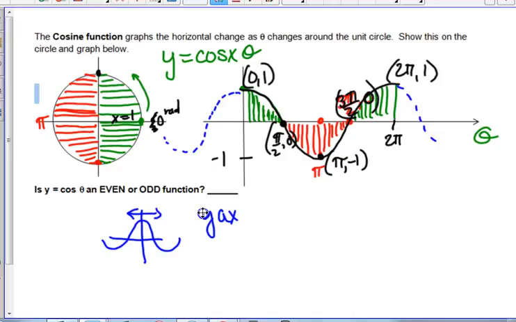If I draw it here, I can fold it in half this way and it'll match up, yes? That's y-axis. And y-axis symmetry is even.